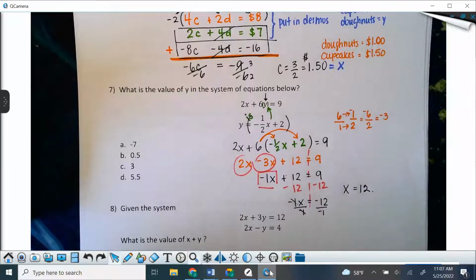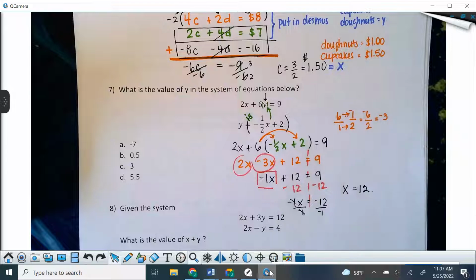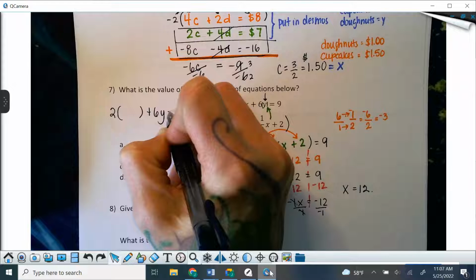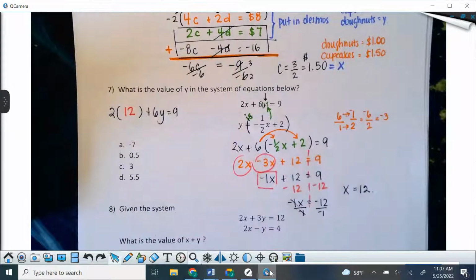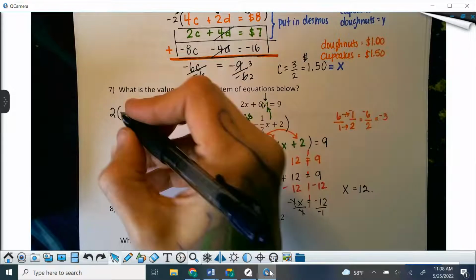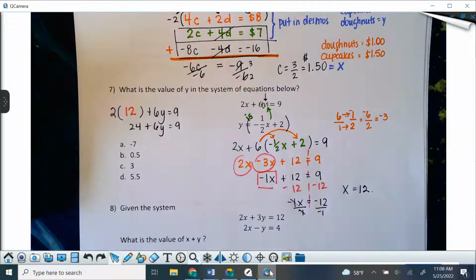Now that I have x, I can solve for y because the question is asking for y. And luckily, they didn't give us a trickster answer. So now I'm going to do 2 times x plus 6y equals 9. So 2 times 12. What's 2 times 12? Yep. So 24 plus 6y equals 9. We're solving for y. So what are we going to move first?